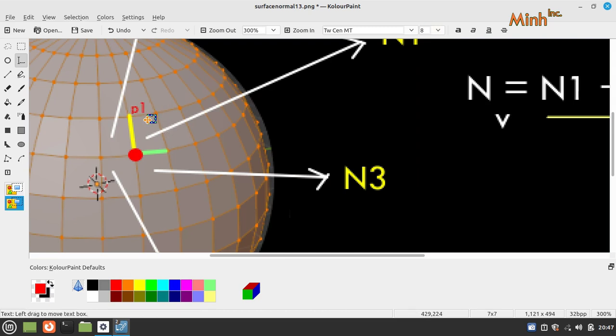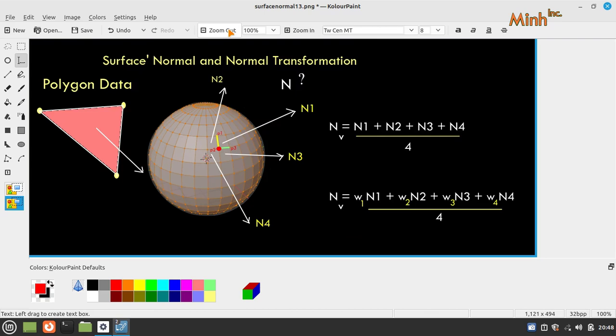Okay, so if this is P1 and this is P2 and this is P3, we have not taken care of the right-hand palm rule for the direction of the normal that we generally use. That should be considered. Now we have P1, P2 and P3. Okay, I think it's visible. Then if that is the case, we did it in the wrong place.